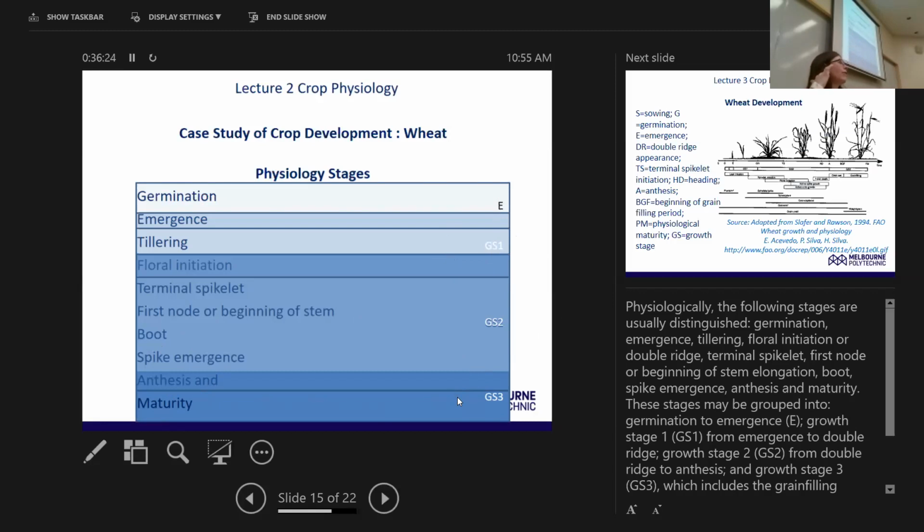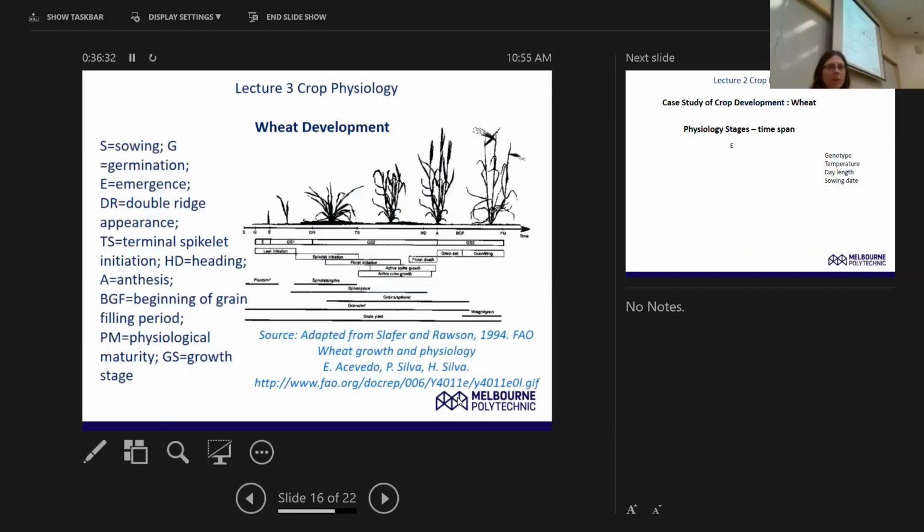These stages are very broad, and within them there are set stages. So let's have a look at the stages within them. What you can see here is sowing, which is what we're doing in our Petri dishes. Then you have germination, which occurs at this point.